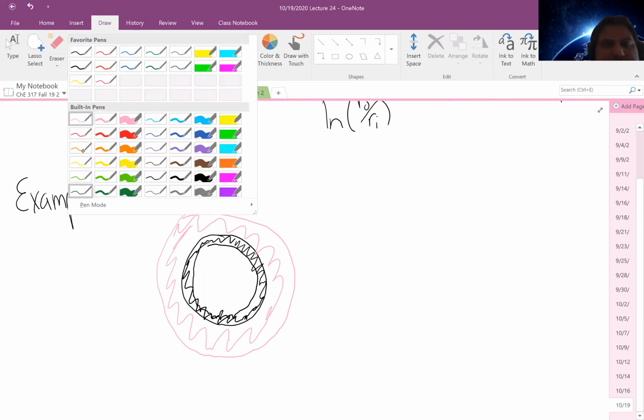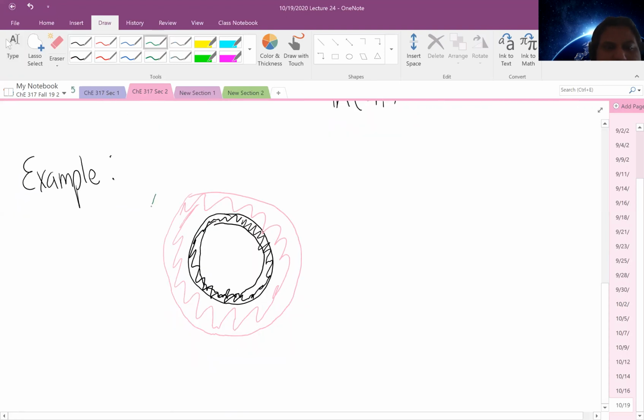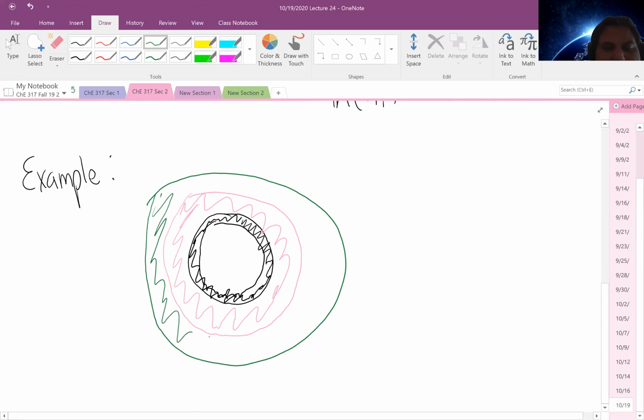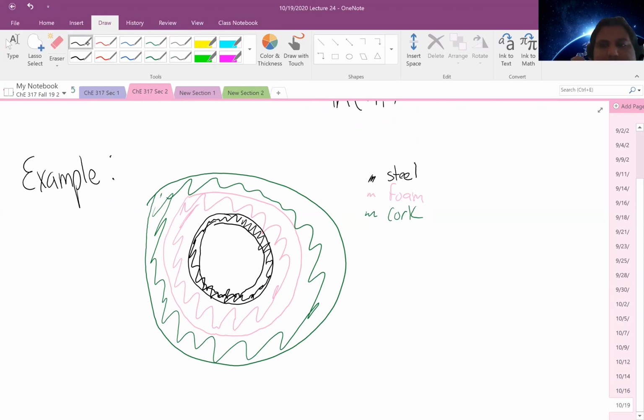And then around that, we have a layer of cork. So the outer radius of the steel is about 60 millimeters.